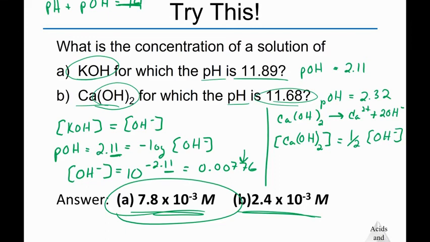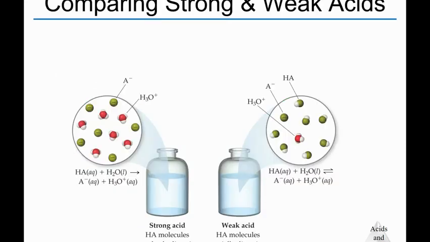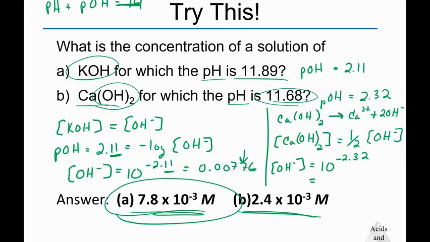We're going to do the calculation the same way. We do the concentration of OH minus is equal to 10 to the negative 2.32. When we do that, we end up with, let's see, I think I got 0.004786 molar.